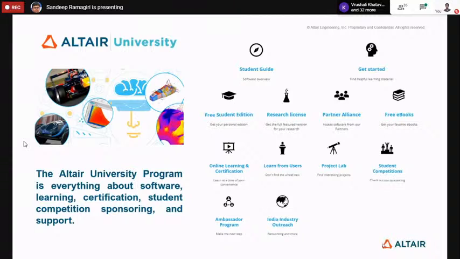You will also have access to research licenses and free ebooks on electromagnetics. You can also learn and certify there. There is an examination, and once you go through the process and answer certain questions, we can give you the certification. So visit Altair University for the certification, and you can also learn from the users.